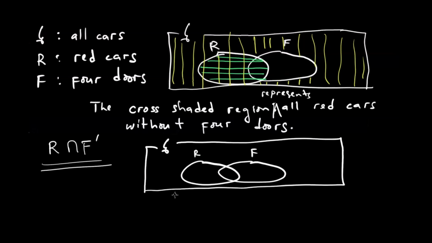You understand? We know that red cars are in here, including the intersection. This is the boundary of red cars. We want red cars without 4 doors. Red cars with 4 doors are found in the intersection here. Which means basically our answer should be a region like this.